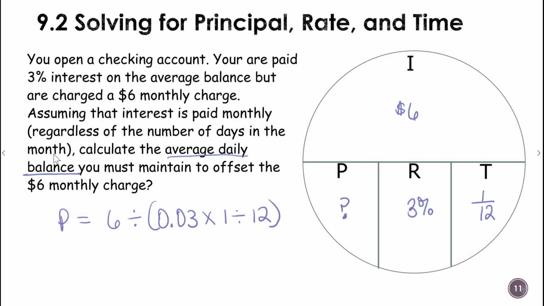That's our calculation. And we find that we would have to average in our account every day $2,400. You're probably thinking, really? We've got to keep that much in there? But yeah, that's what this is saying. To offset your $6 of charges each month, this is the balance you would have to carry, the principal amount.